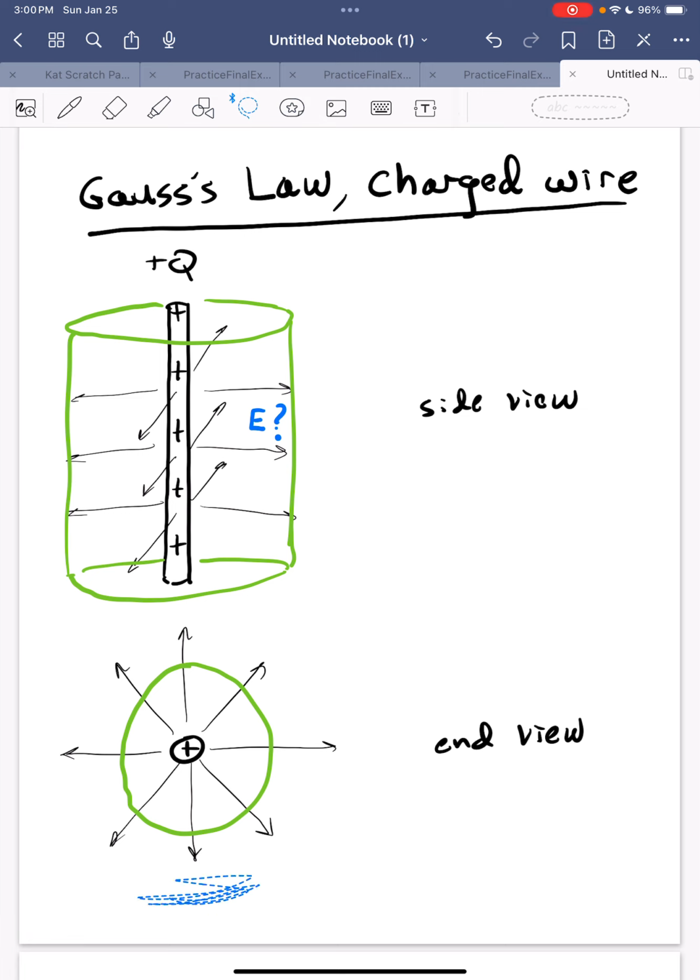It's just like we dealt with before in a previous video where we had a point charge and we enclosed it with a sphere. But here we're looking at the top end, as if we're at the top of this thing looking down, and we put the Gaussian surface around it like that, such that all these field lines are going to make 90-degree angles at all these points. It's 90 degrees with the surface in green.